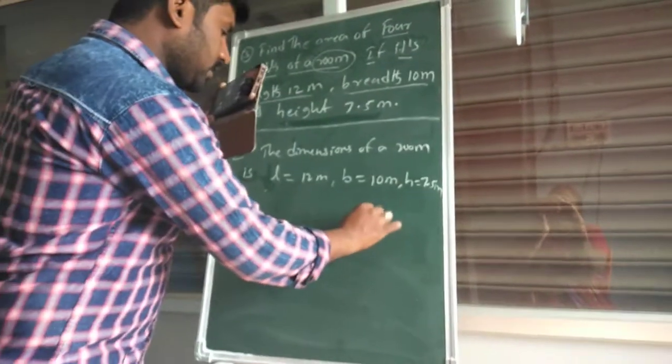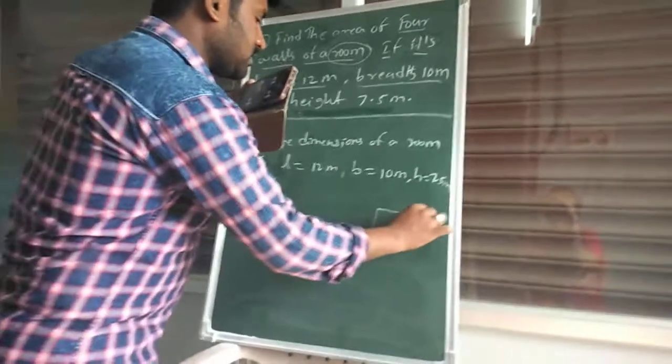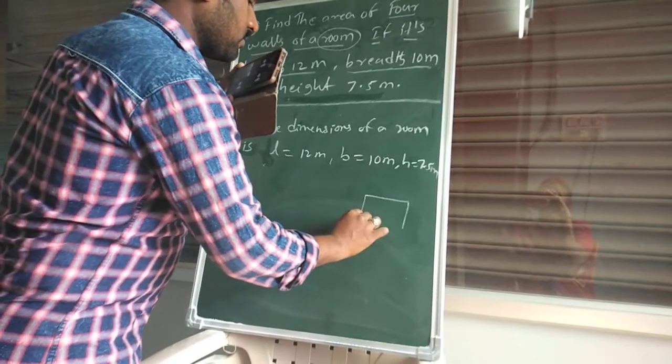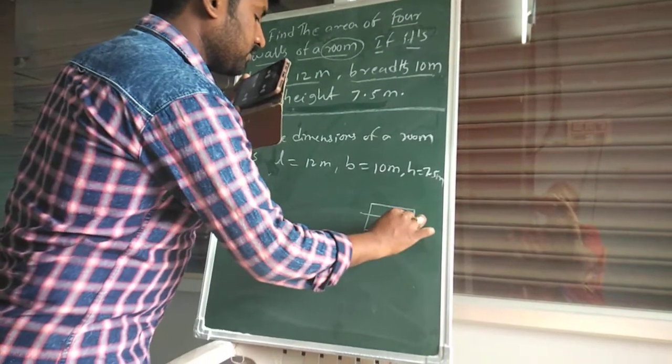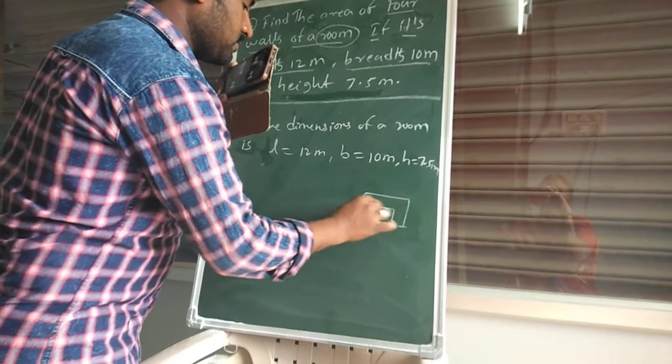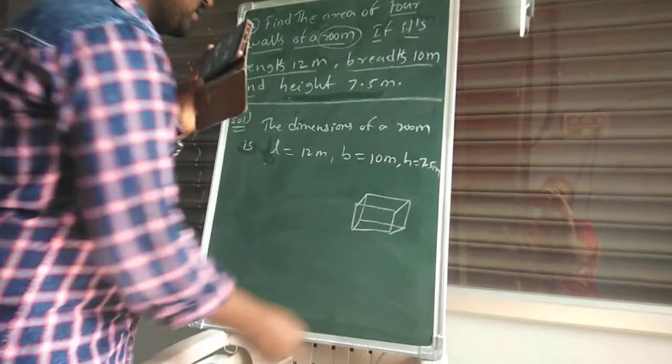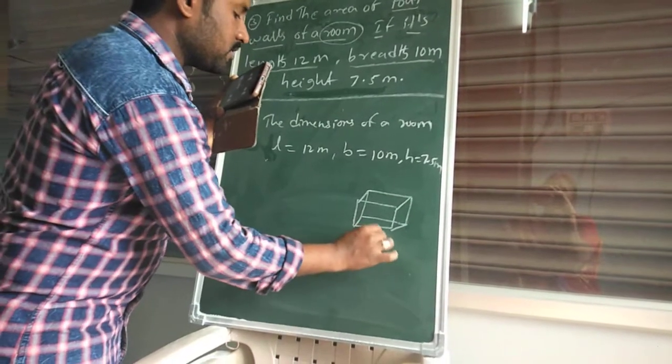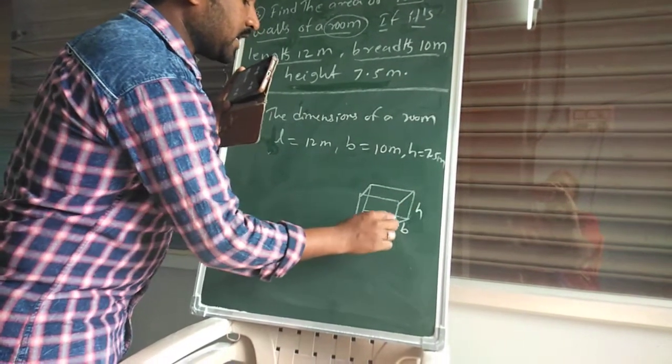So you simply draw like this. This is the length, this is the breadth, and this is the height.